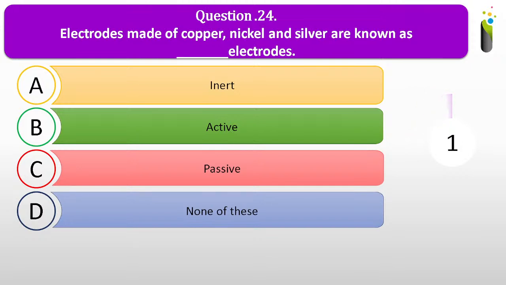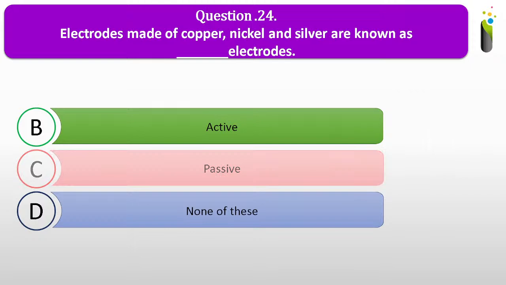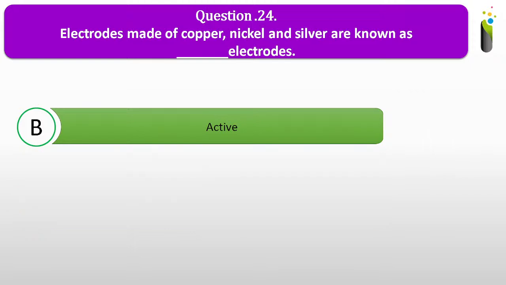So the correct answer for this question is B. So the electrodes made of copper, nickel, and silver are known as active electrodes.